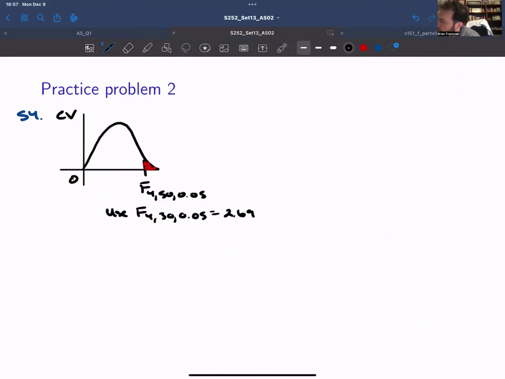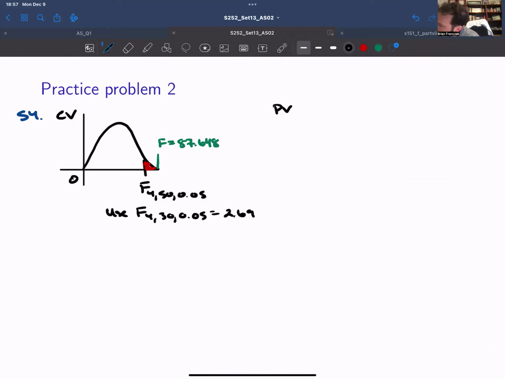Let's confirm that. Right, and then we can see that our test statistic is well inside this region. Right, so we'll be able to reject.